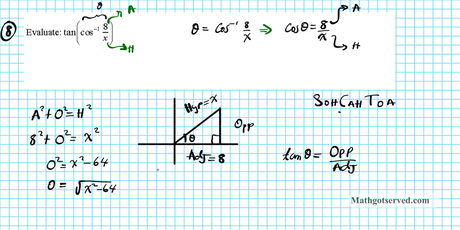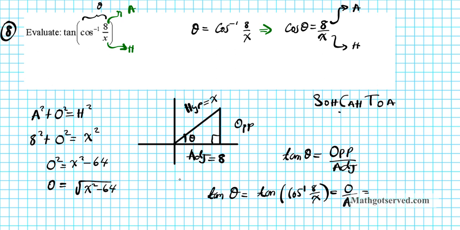Okay, so let's go ahead and put everything together. Tan theta, which is equal to, we remember what we call theta, right? Theta is this expression right here, tan of the inverse cosine of 8 over x. That is equal to opposite over adjacent.